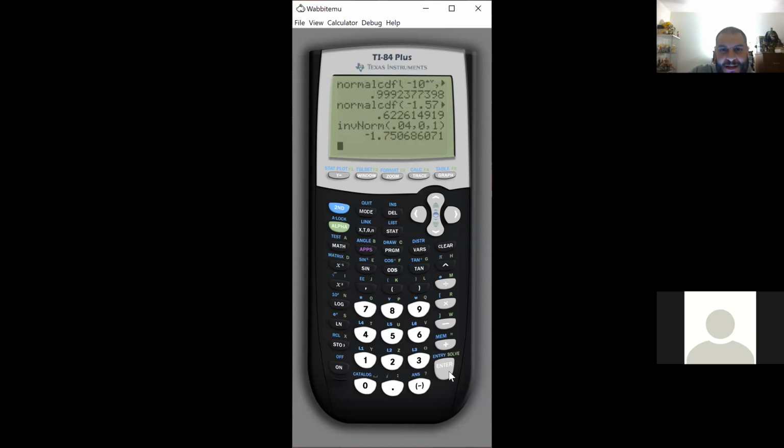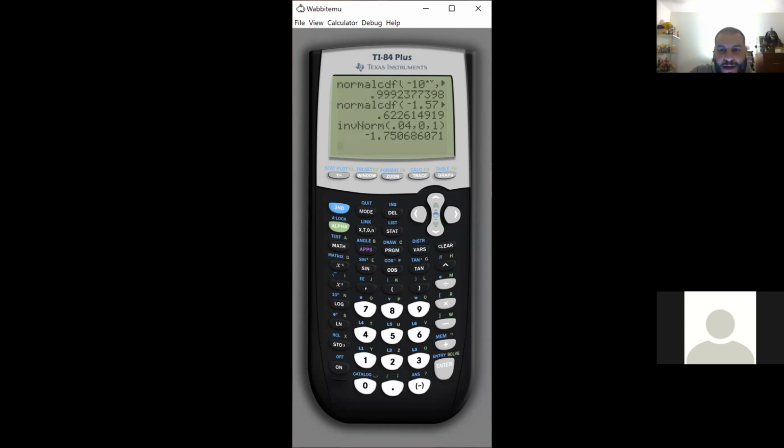You press enter. So we get A is equal to negative 1.751. Everybody good on where this negative 1.751 comes from?